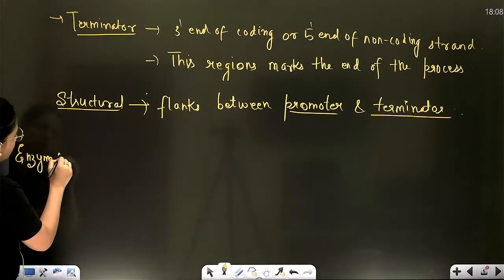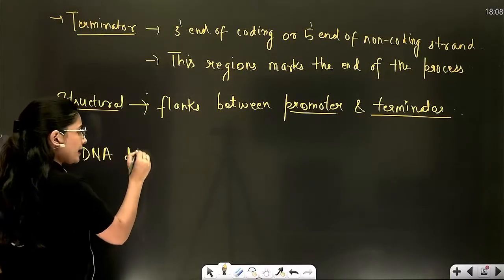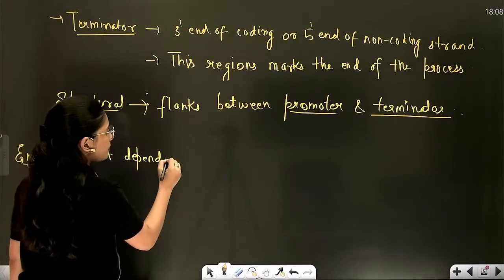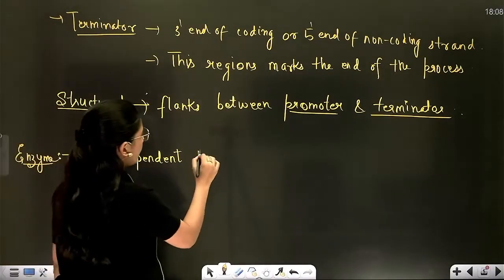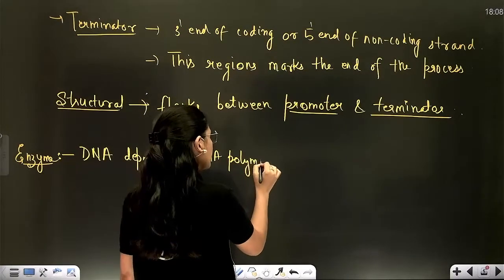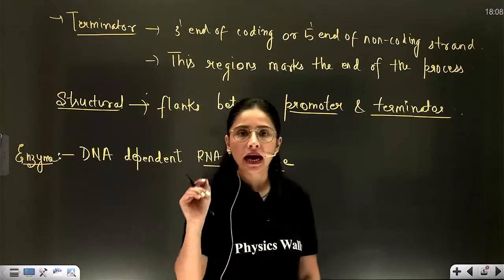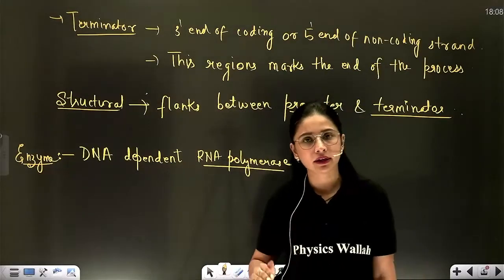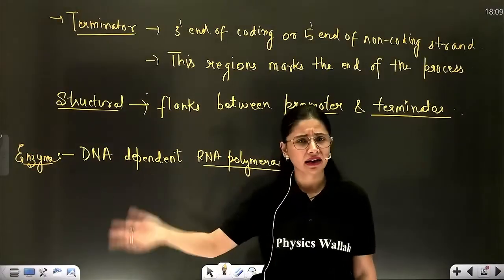Now, the enzyme required for this process, as I have already told you in the beginning, has the full name DNA-dependent RNA polymerase. In case of prokaryotes, only one RNA polymerase is required to synthesize all types of RNA: tRNA, mRNA, rRNA.